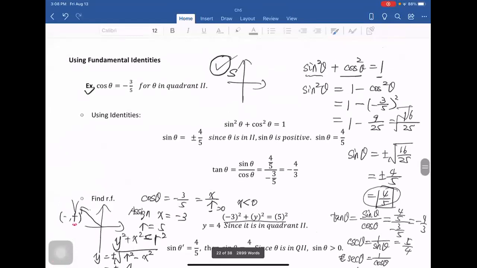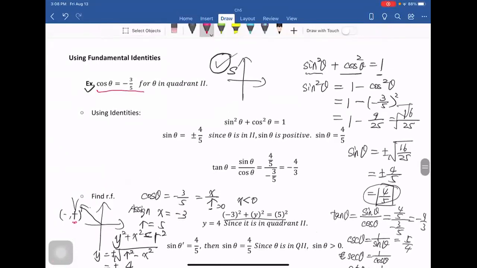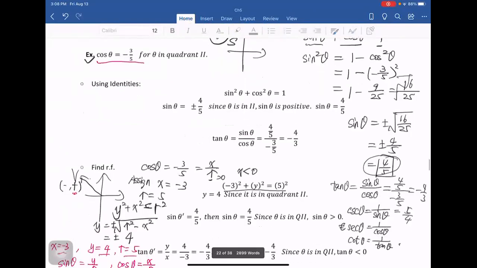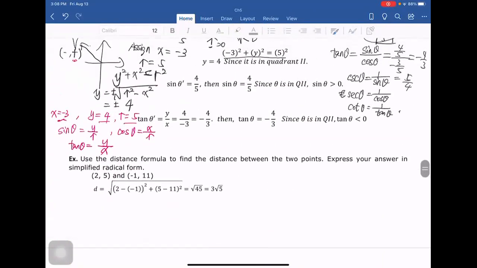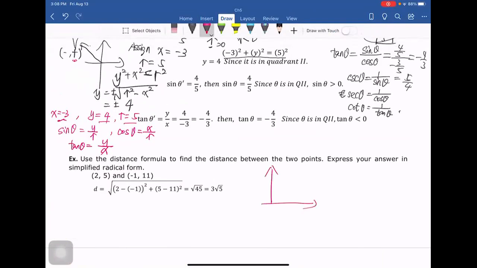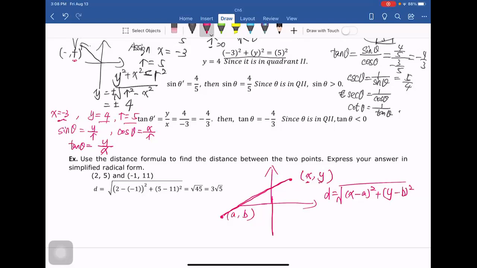So for the same question, we can use two ways to solve. Last part, use the distance formula. If I have two points, maybe one is here, x and y, and another point here is a and b, the distance between these two points uses the formula: square root of (x minus a) squared plus (y minus b) squared.